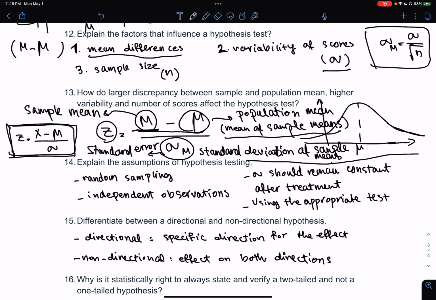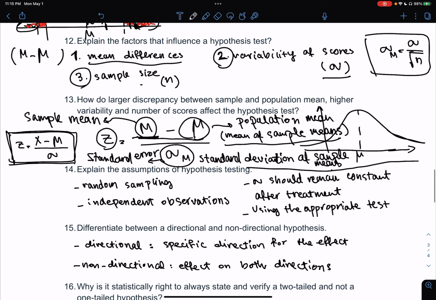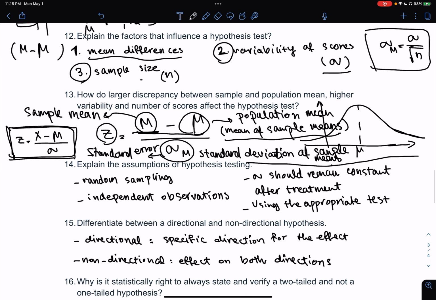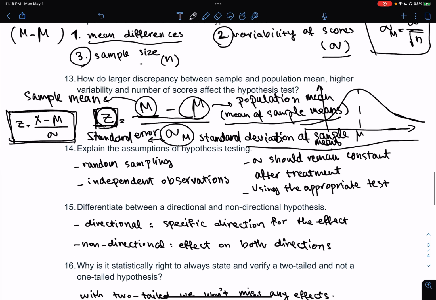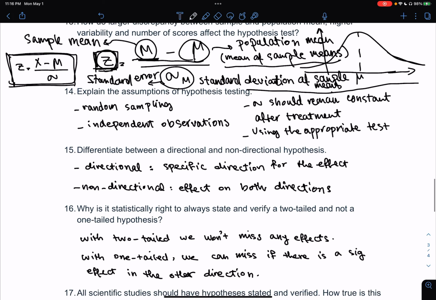And then the sample size, again, influences the standard error. All of these influence the z-score that we find. And then we use the z-score to check whether it is in the rejection area or in the retain area.